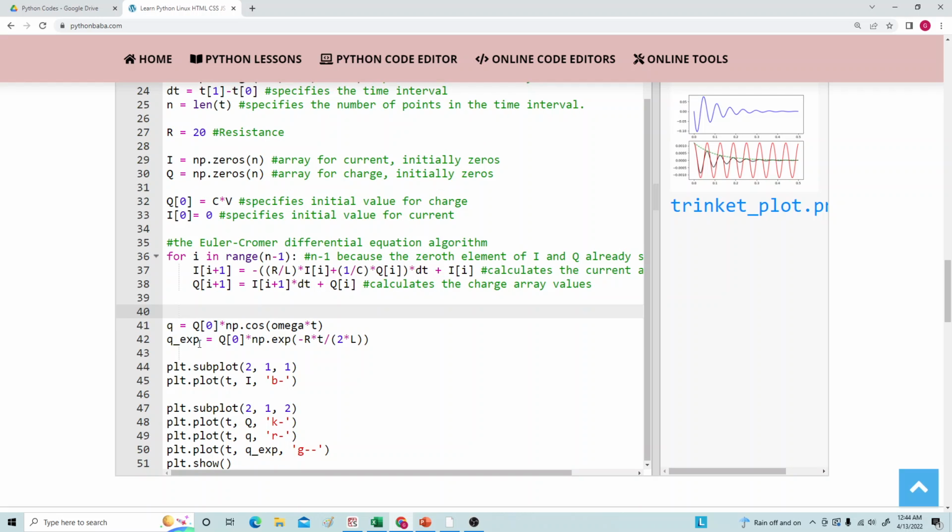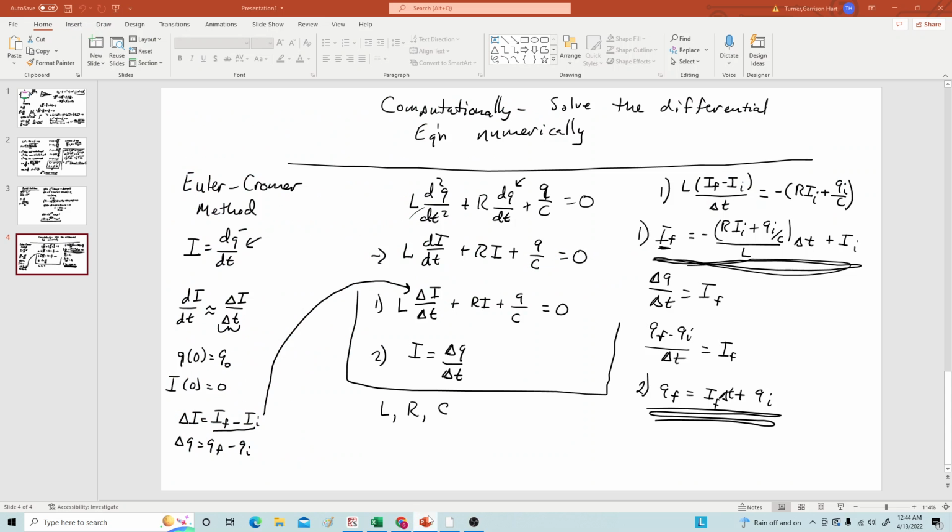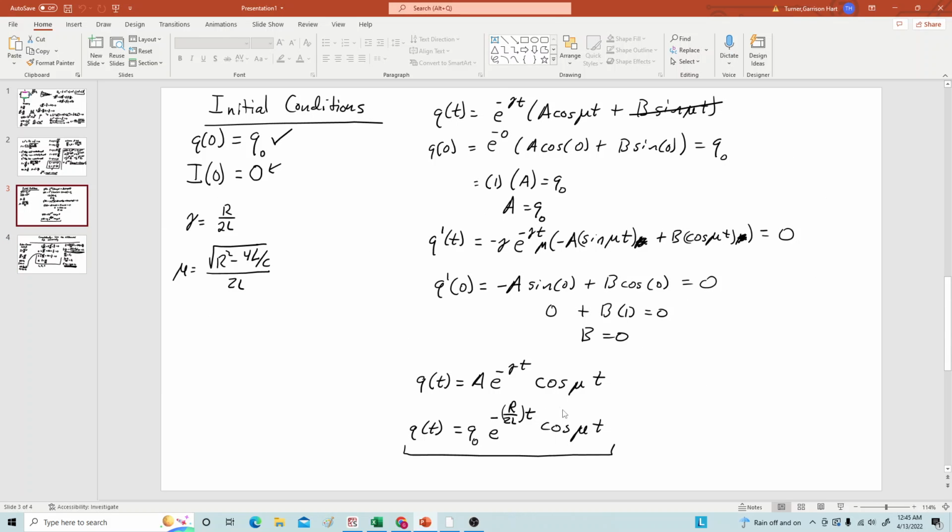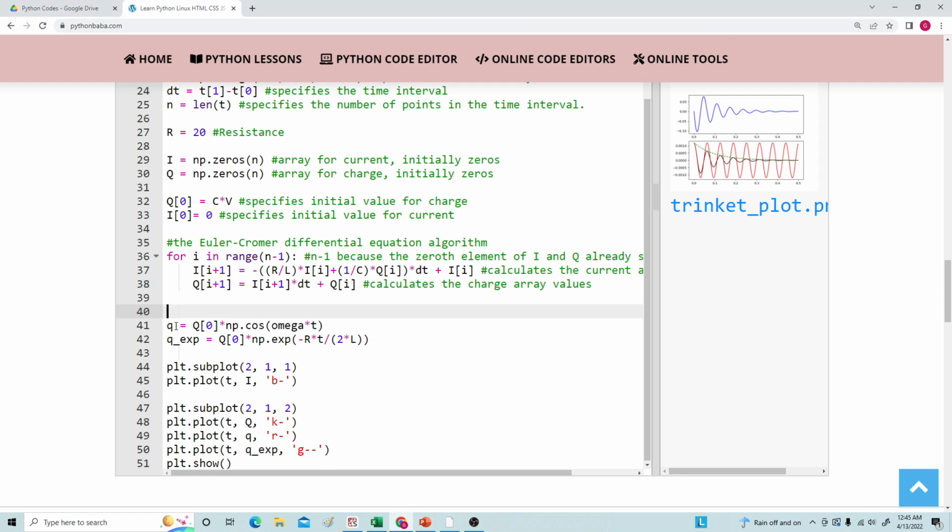Now this Q is this Q omega. Okay, this Q naught times NP cos omega t is this formula without the exponential function. In other words, when the exponential function goes to 1 or the resistance goes to 0 and I just have pure sinusoids, this is the formula that I would get.